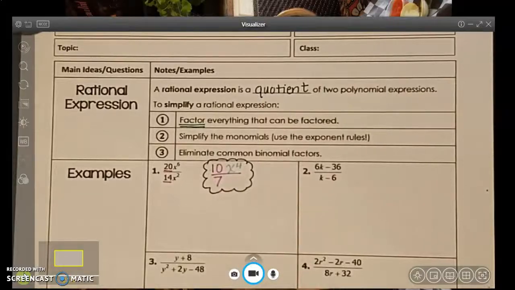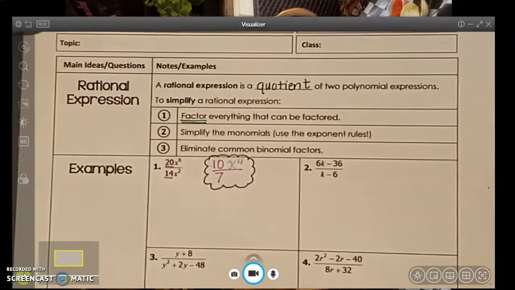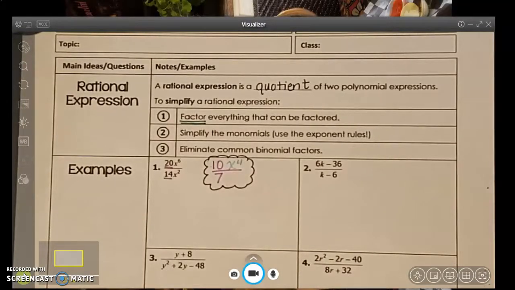All right, so looking at number 2, we have 6k minus 36 all over k minus 6. The first thing we're going to do is factor, if we can.